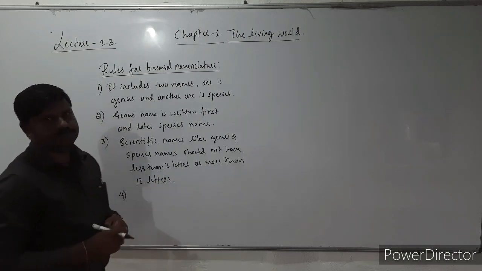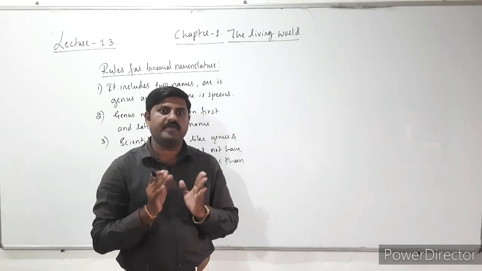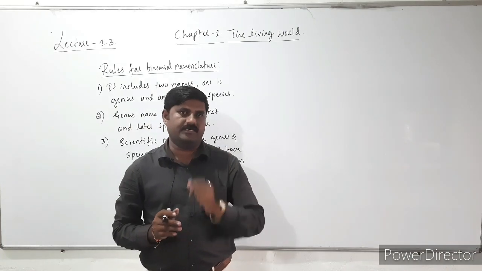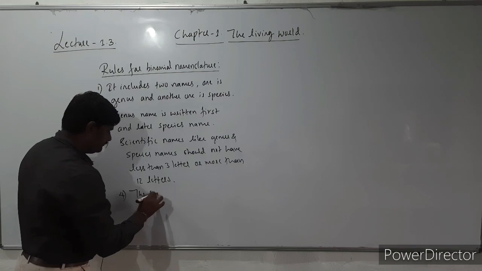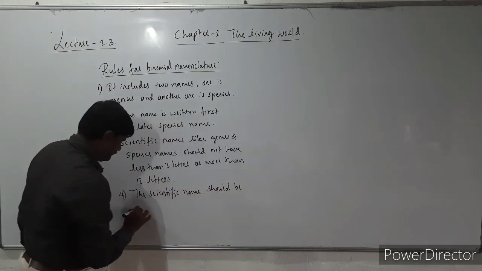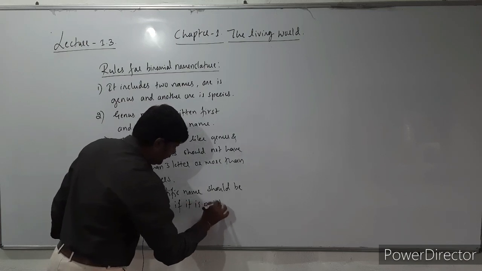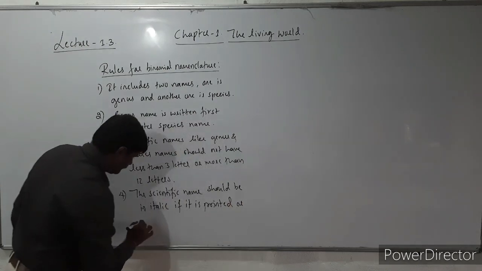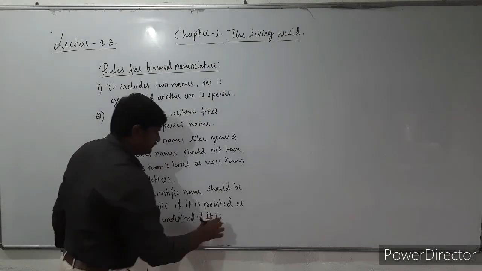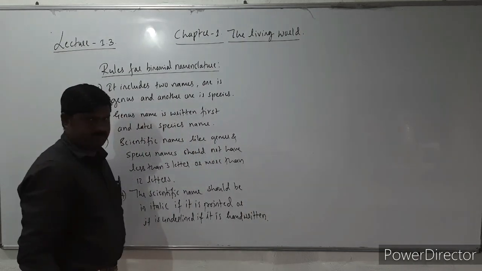And rule number 4, when the scientific name of an organism is written, it should be underlined if it is handwritten, or else if it is printed it should be in italics, right?